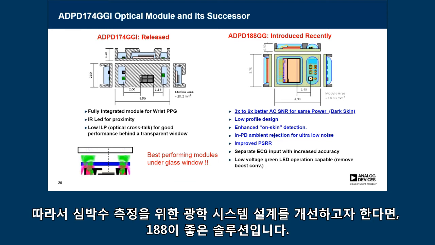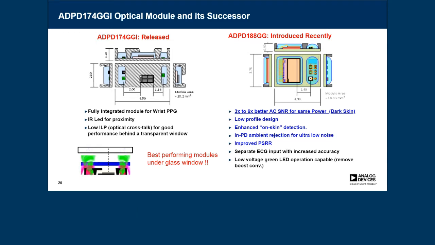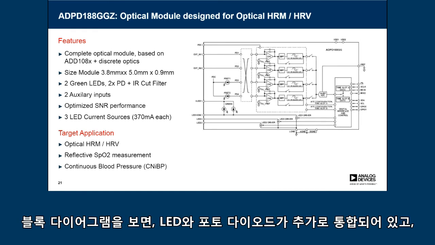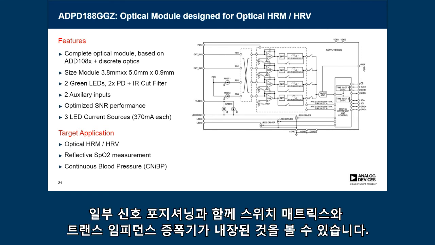So in case you would like to move forward by designing an optical system for heart rate, the 188 is the device to look at. On this slide you will see the ADPD188 in more detail, and if we look at the block diagram, you see that we have the LEDs and the photodiodes integrated, followed by a switch matrix and a transimpedance amplifier with some more signal conditioning.